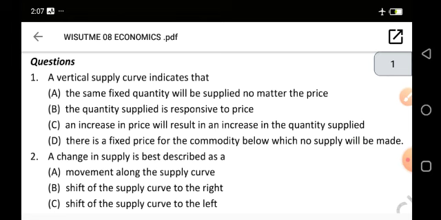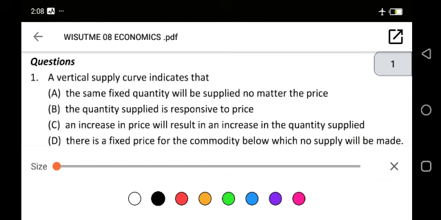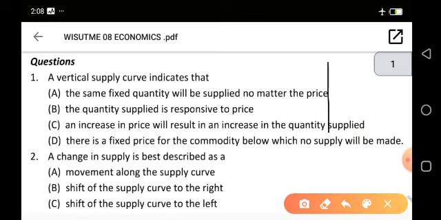By first drawing how a vertical supply curve will look. So let me take my pen and do that. So now this is how a vertical supply curve will look. This is the price region and this is the quantity region.